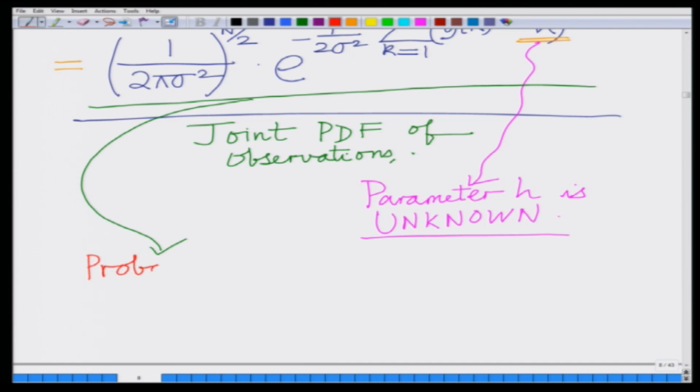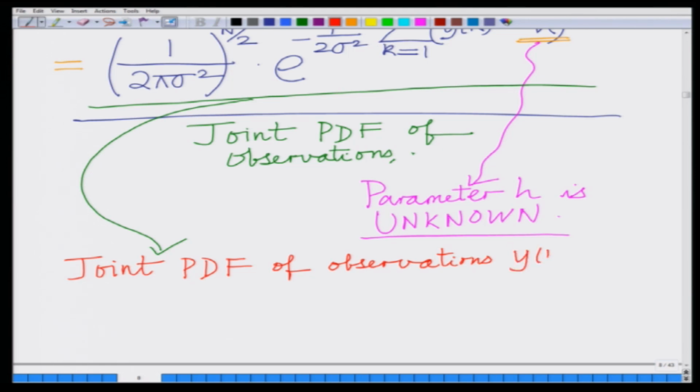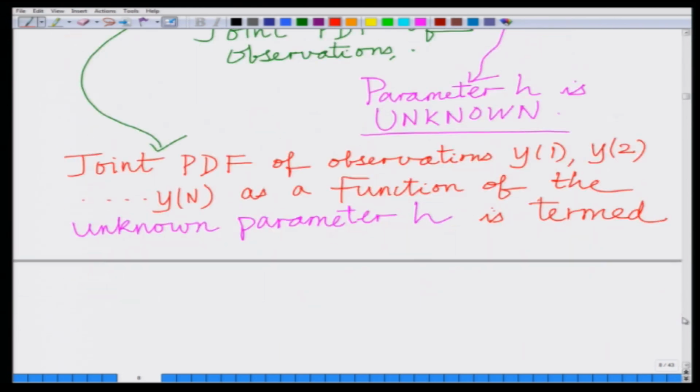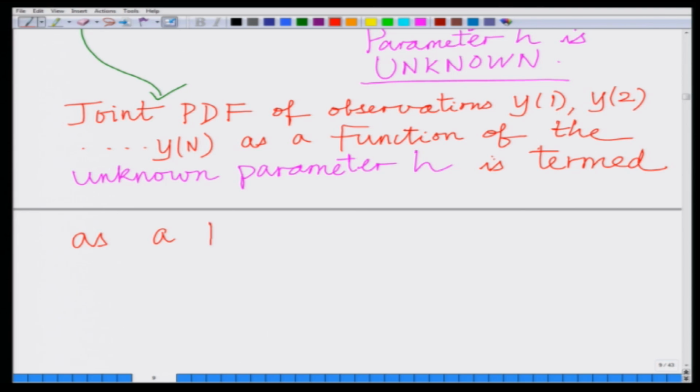Let me put it this way: the joint PDF of your observations y1, y2 up to yn as a function of the unknown parameter h is termed as a likelihood function.